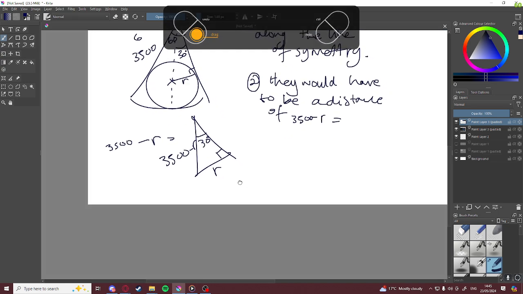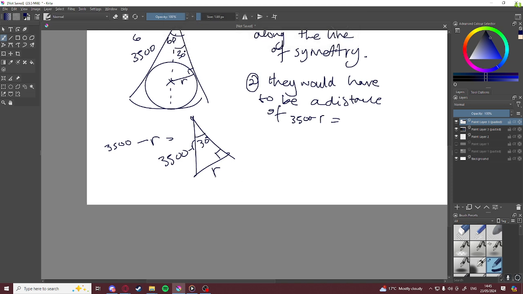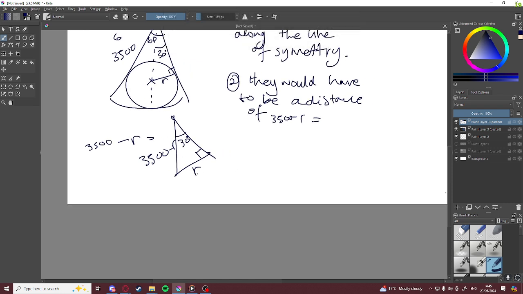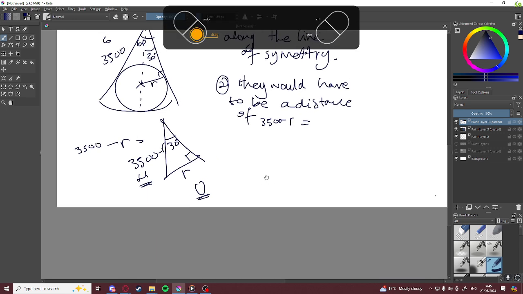And a way I can relate these three measurements, the 30-degree angle, R and 3,500 minus R, is, well, let's see, where are they in respect to the angle? This would be the opposite, and this here would be the hypotenuse, since it's opposite the right angle.